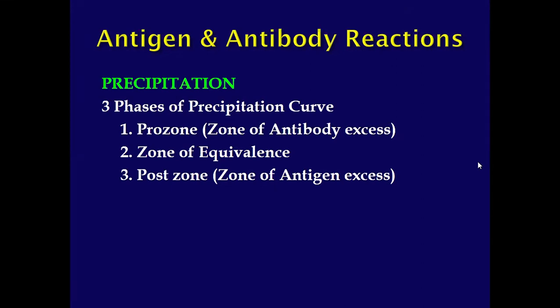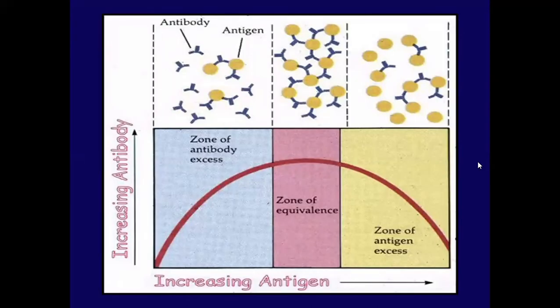You can better appreciate this one if we have a drawing of it. If you're going to plot it on the graph, in your y-axis and the x-axis, we have the antigen plotted against the antibody.